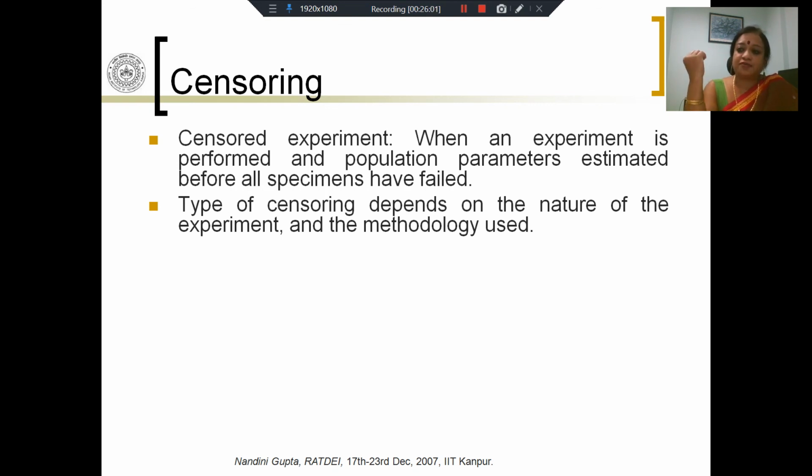This is called censoring, and we need to do censoring often enough in practical situations, but we cannot do censoring arbitrarily. There are standards which tell us how the censoring of the data can be done when we are not going to take into consideration all the specimen parameters in our analysis. The type of censoring depends on the nature of the experiment and the methodology that is used.